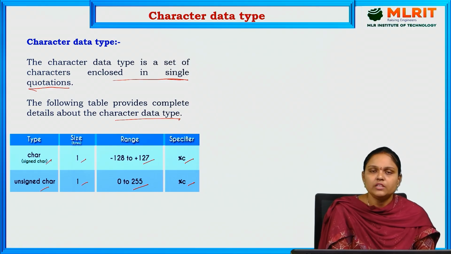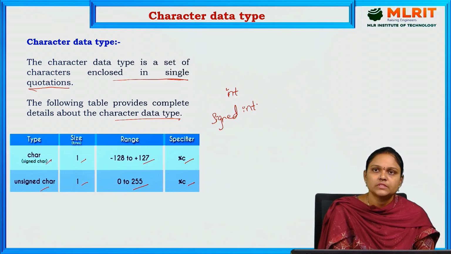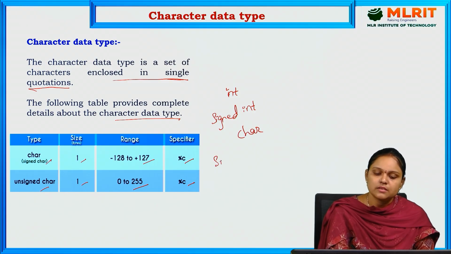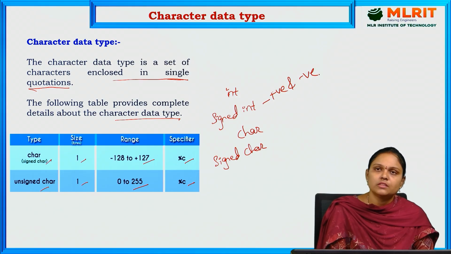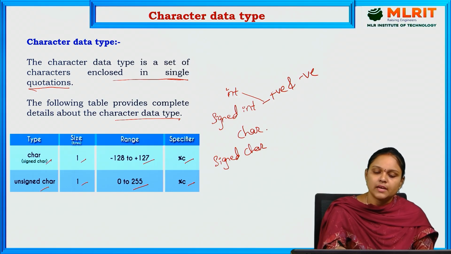By default, int is treated as signed int, and char is treated as signed char. It means we can store both positive and negative values in int and signed int, and in char and signed char also.